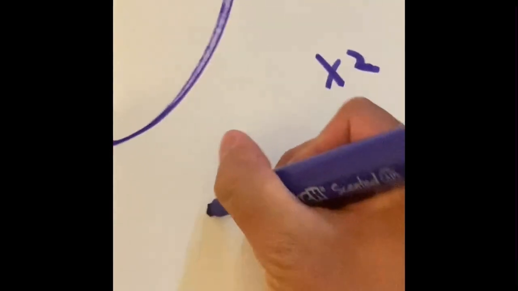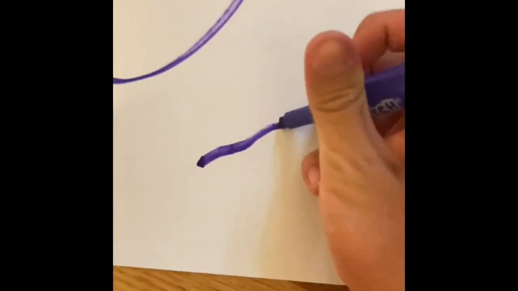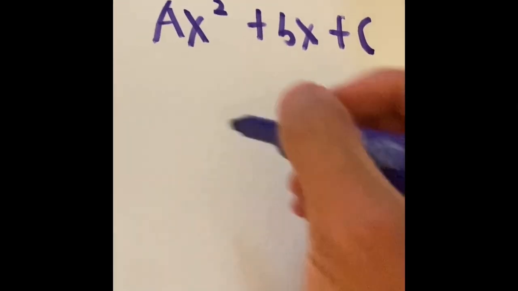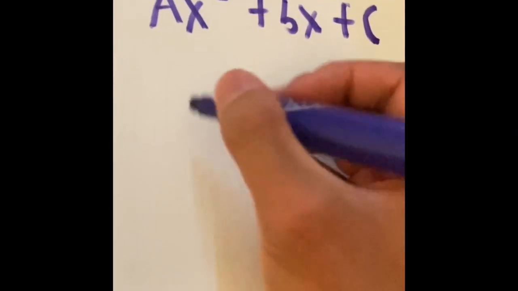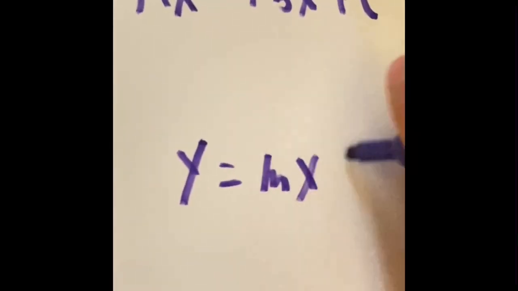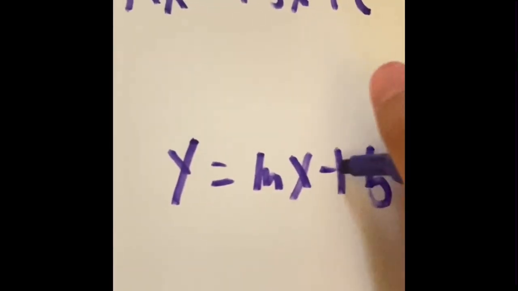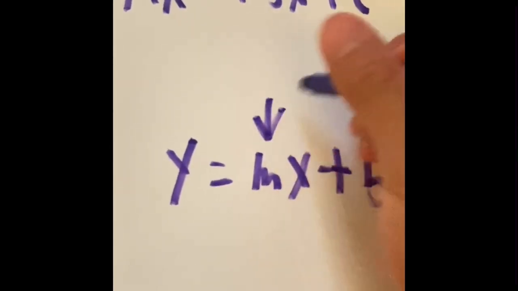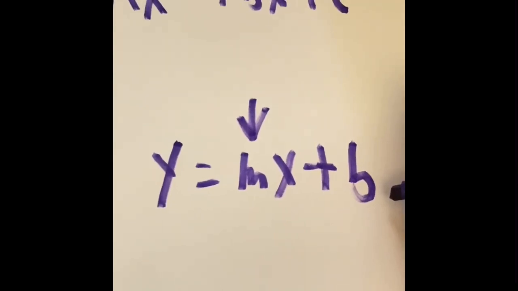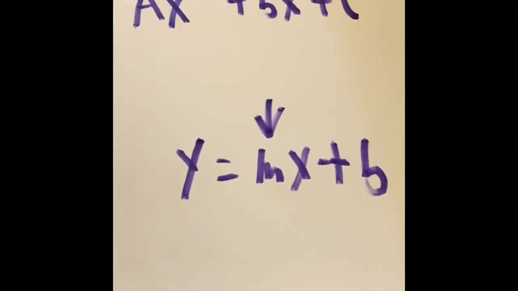But if you try to find a straight line, something that looks like that at a constant rate, then you're gonna have a slope-intercept formula. So if it's a straight line, you probably heard of y equals mx plus b, where m represents the slope, x represents your variable, and your b represents your y-intercept, or your starting position.